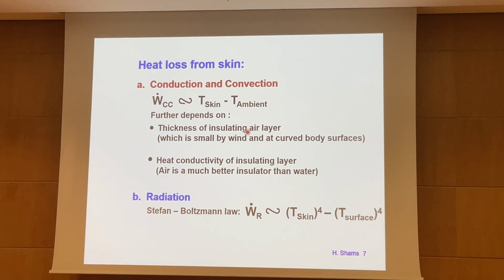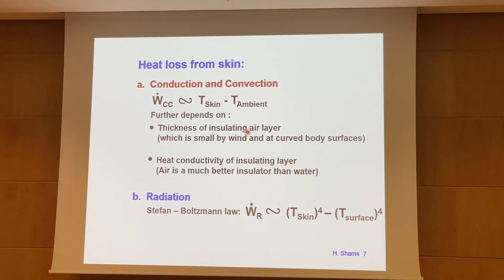And also the thickness of this insulating air layer is important, and also the curve of the body is important. Why that? Because at parts of the body which are curvy, the insulating air layer is very thin, and therefore the heat dissipation is greater.